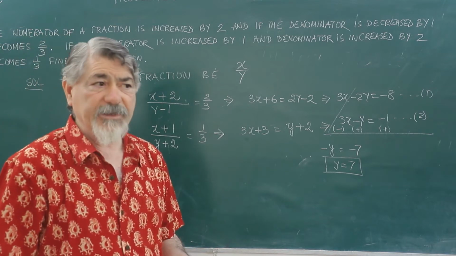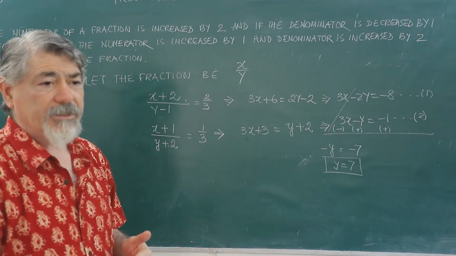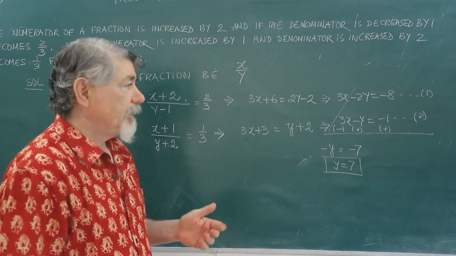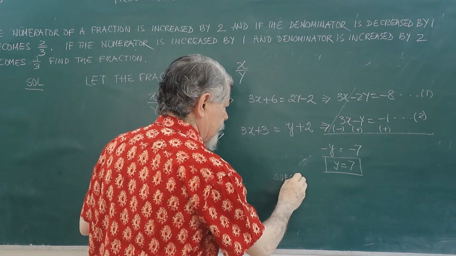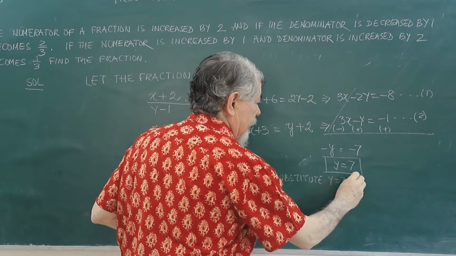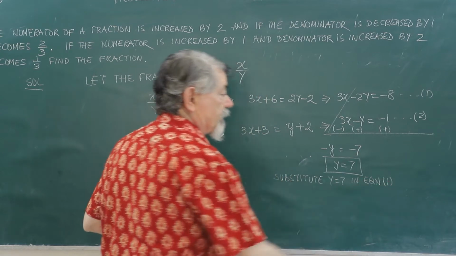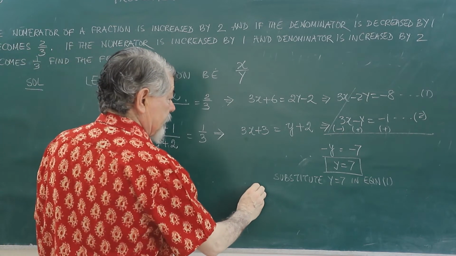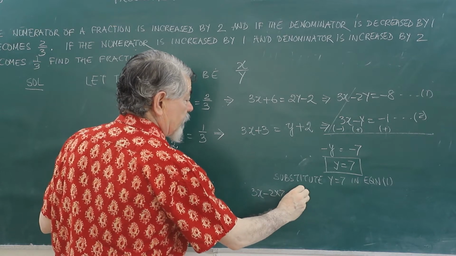Now let me get the value of numerator by putting the value of y in either equation 1 or equation 2. Suppose I substitute y is equal to 7 in equation 1. 3x minus 2y, that means 2 into 7, will be equal to minus 8.